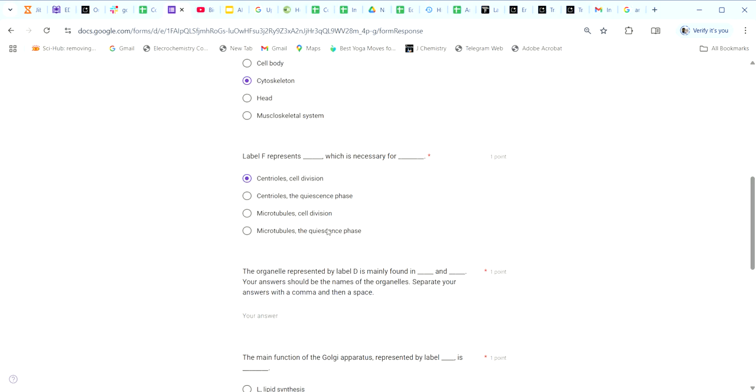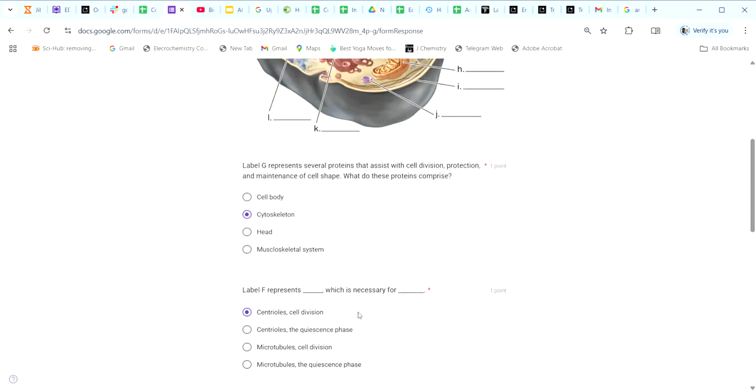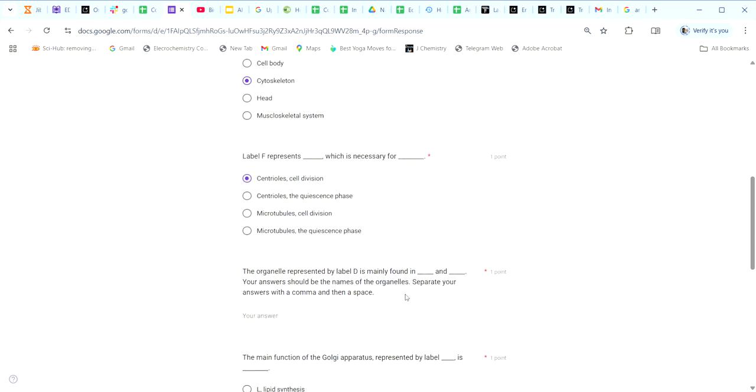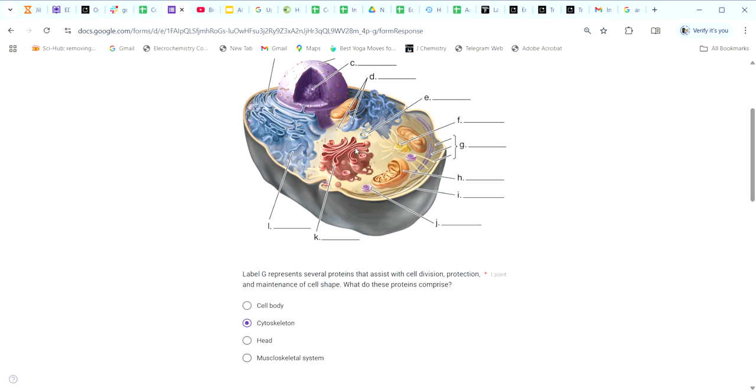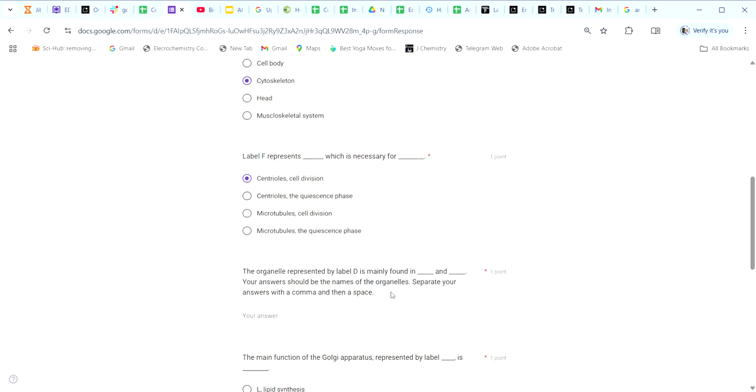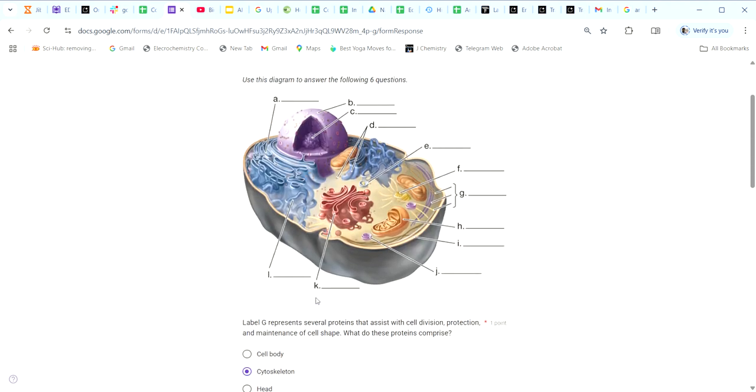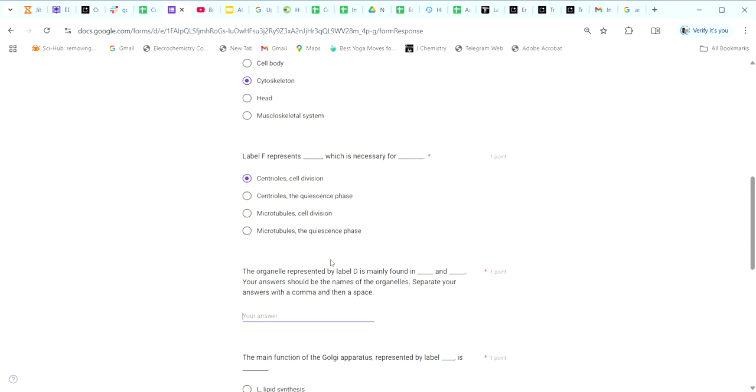So I think level D is found in the cell. I think it is found in between the cell definitely. And so what is the name of it? So I think it will be cytoplasm.